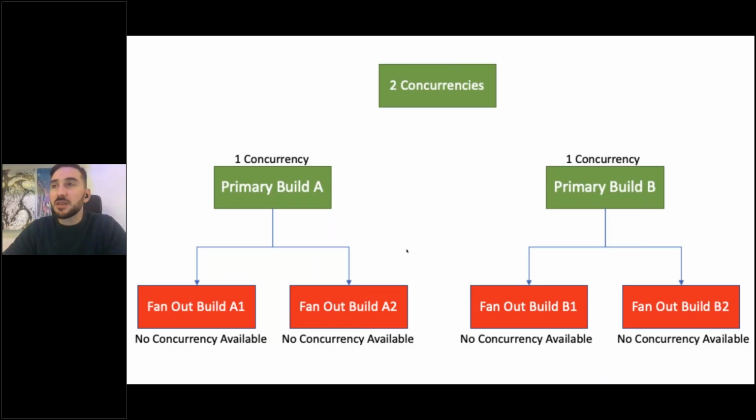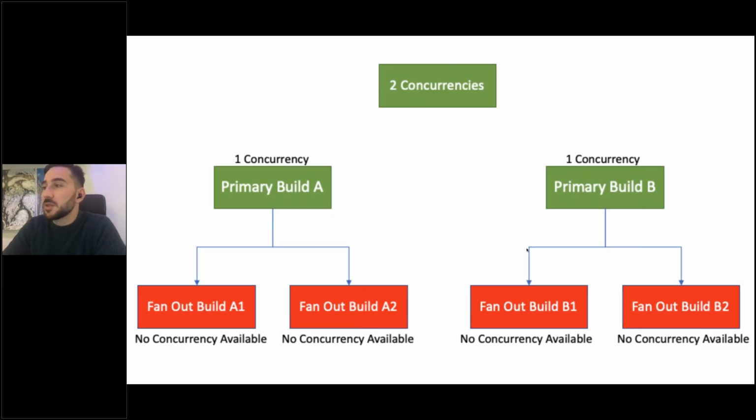This would mean that the very first primary build A would be taking up one of the concurrencies. And right after that, primary build B would be started by another Git event. And basically, this would mean that we get stuck on concurrencies, and these fan-out builds wouldn't be able to start up.